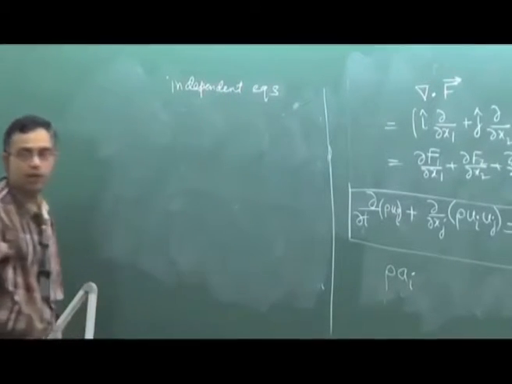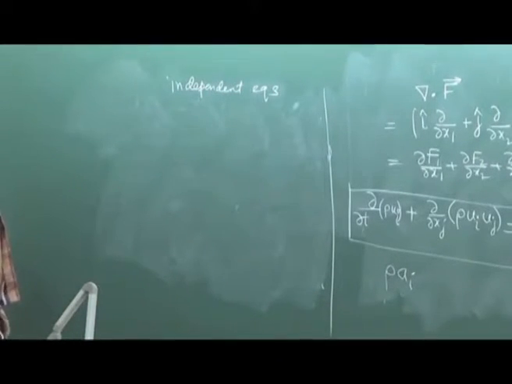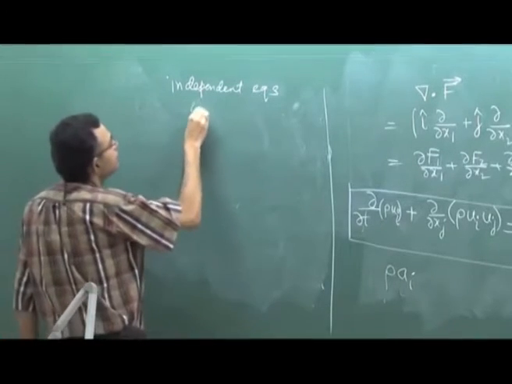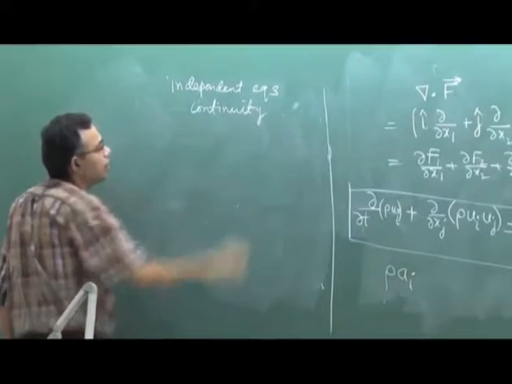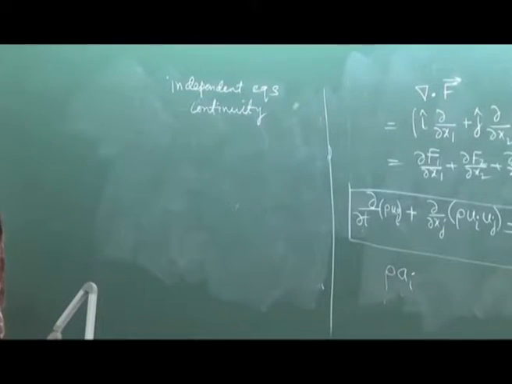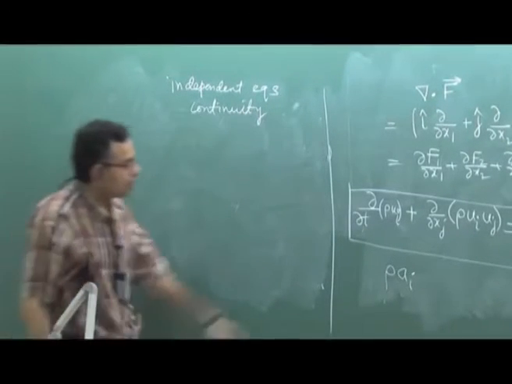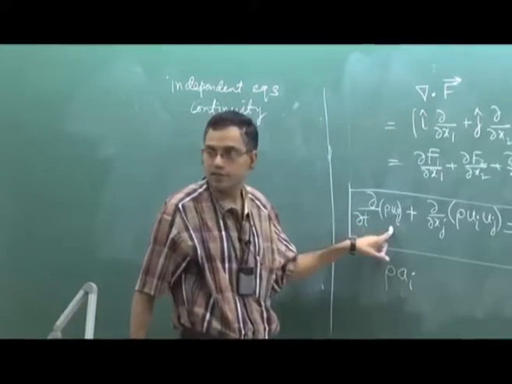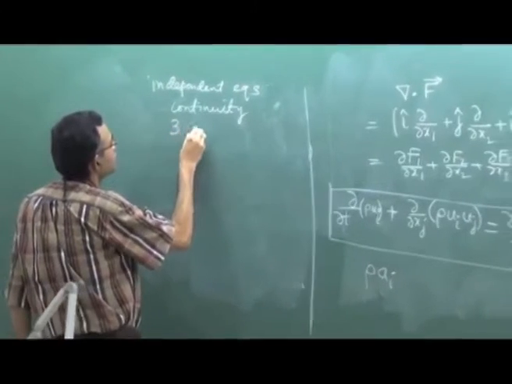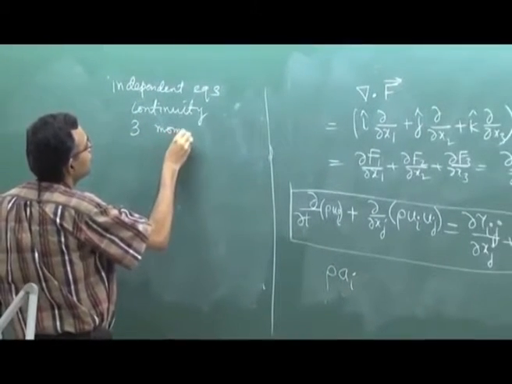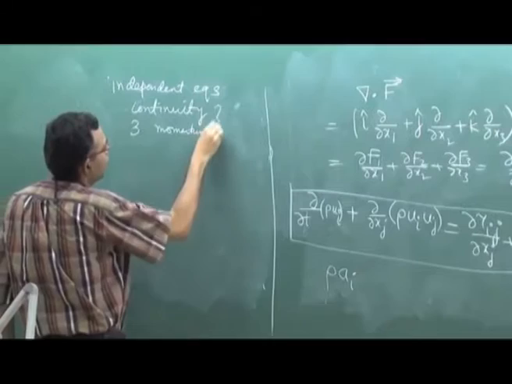Independent equations: one is the continuity equation. The second is this equation for three components, so three momentum equations. So total 4 equations.